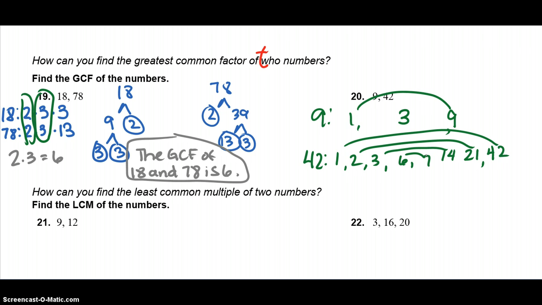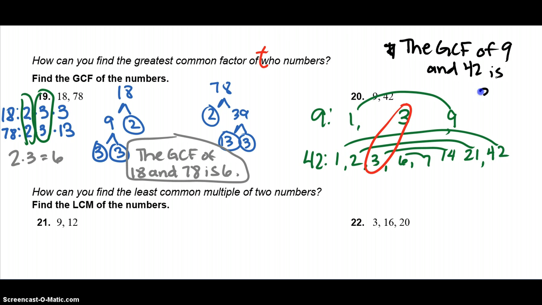So I look at my lists and I see what they have in common. They have a 1 in common, but they also have a 3 in common. So 3 here would be my greatest common factor. So I would write my sentence, the GCF, the greatest common factor of 9 and 42 is 3. And I would box that in or circle that.